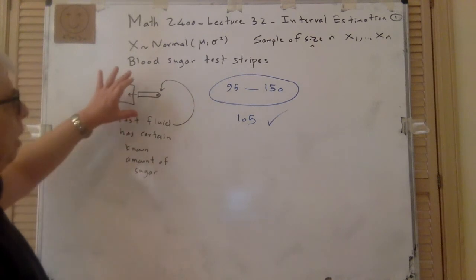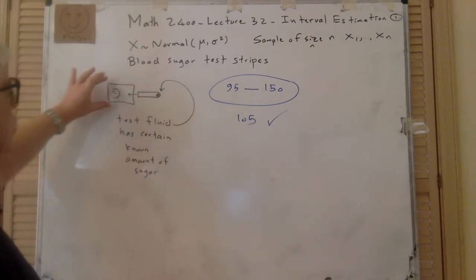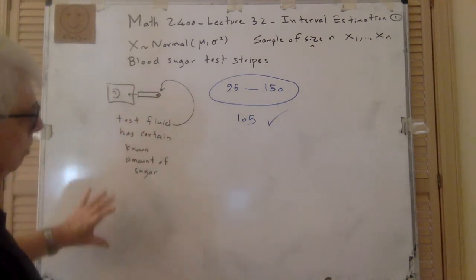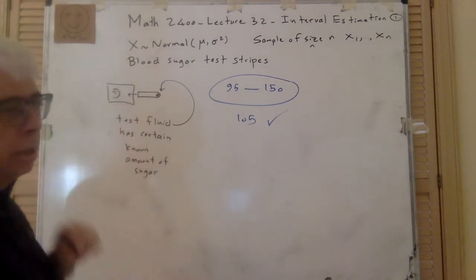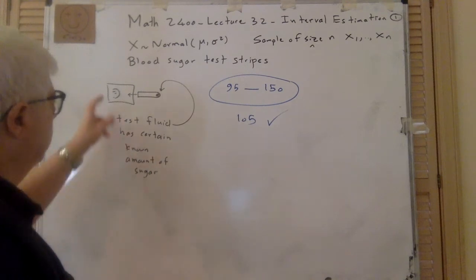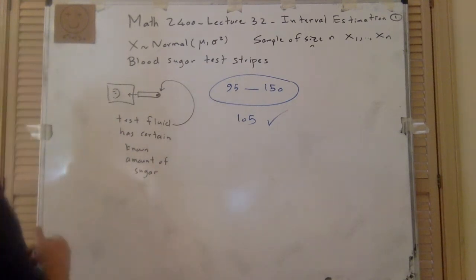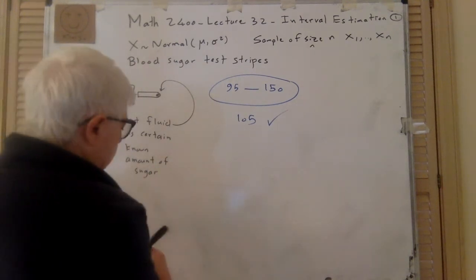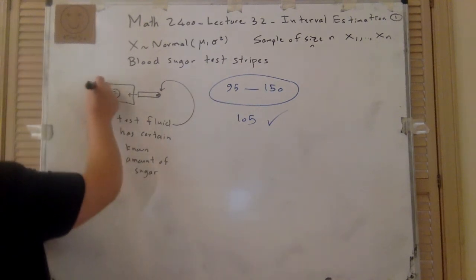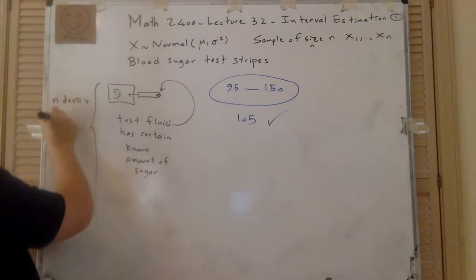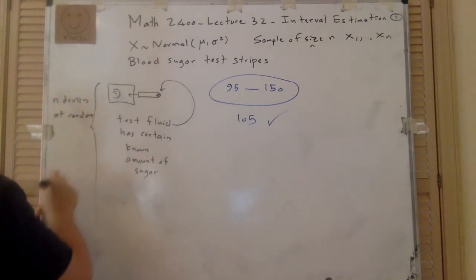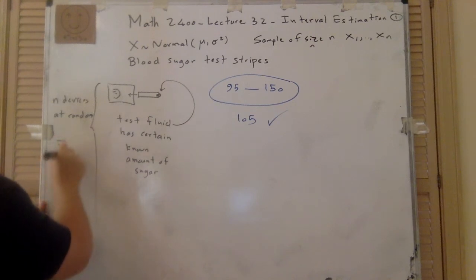So in the factory, they have checked, say, N devices at random, and they have found X bar N and S N squared.